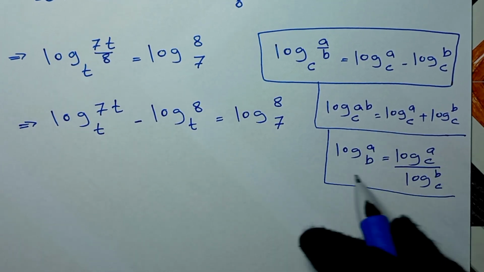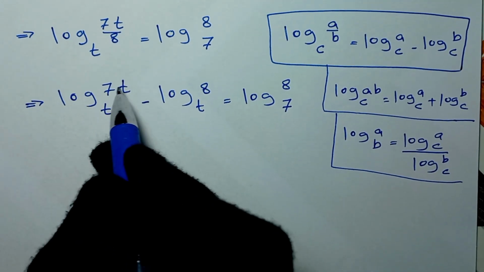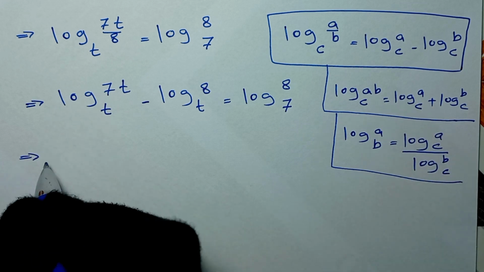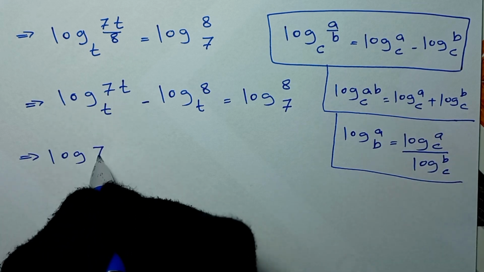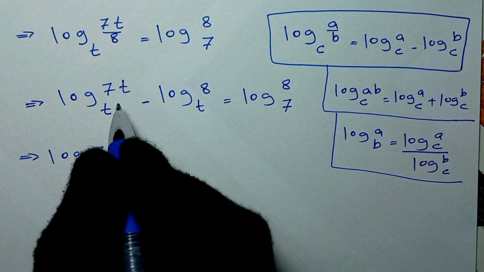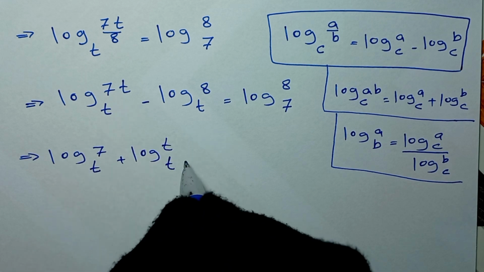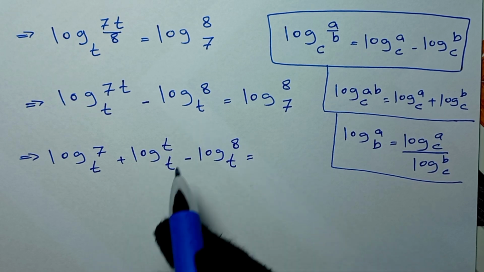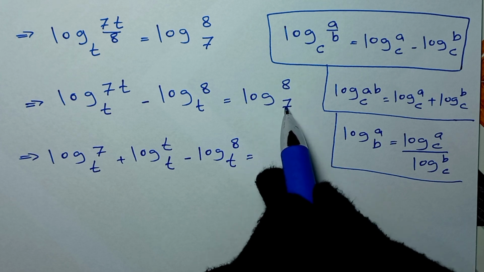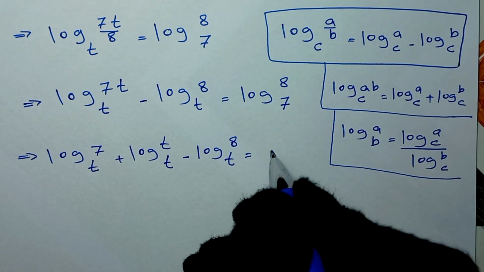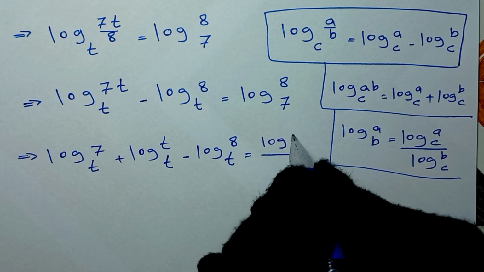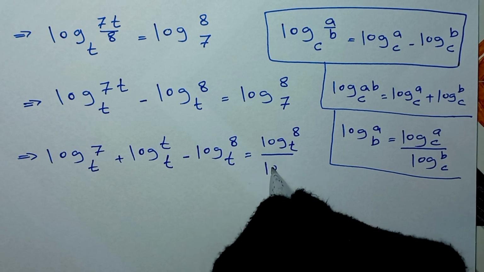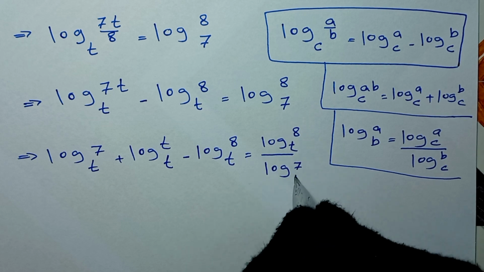So from these two formulas, in here we have log of 7t to base t, and we use this formula and we can write this as log of 7 to base t plus log of t to base t, right? And minus log of 8 to base t is equal to, in here we have log of 8 to base 7, and we use this formula and we can write this as log of 8 to base t over log of 7 to base t.